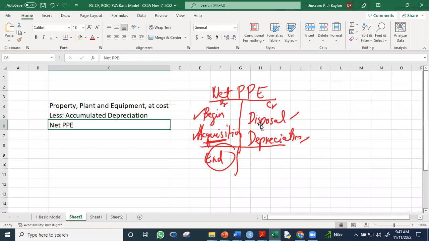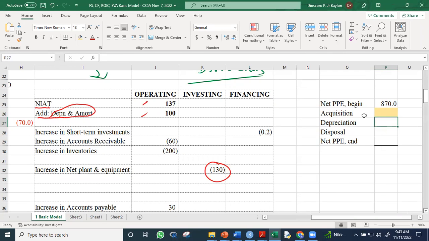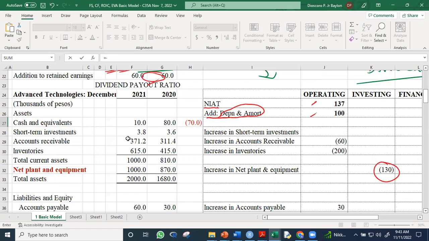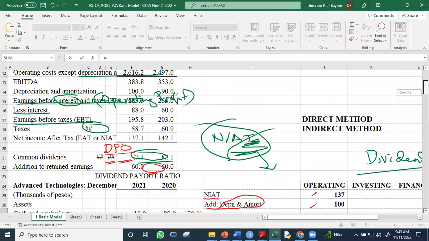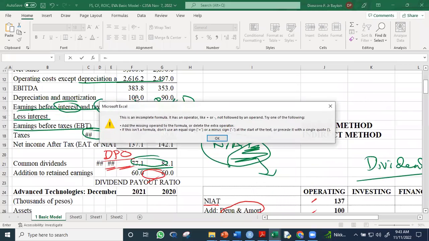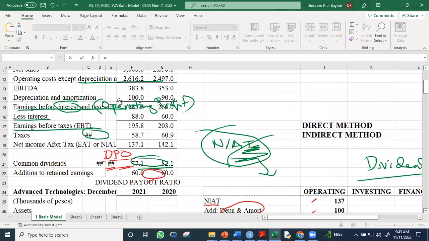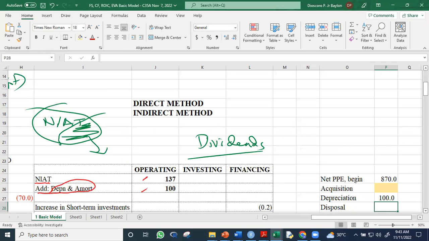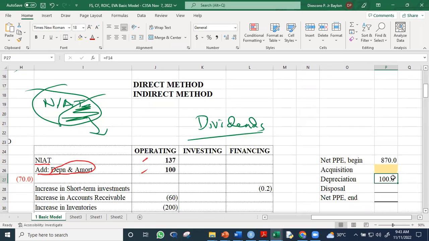If I take a look at the T account, you subtract depreciation from the PPE. So I'll make this negative 100 depreciation.